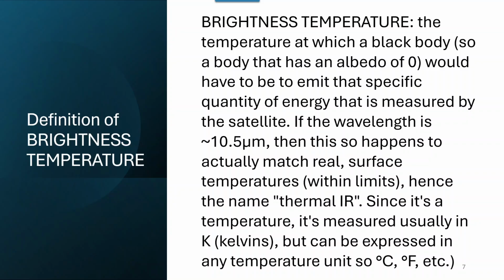If the wavelength is approximately 10.5 micrometers, then this so happens to actually match real surface temperature. That's within limits. Hence the name thermal IR. Since it's a temperature, it's measured usually in Kelvin, but can also be expressed in Celsius or Fahrenheit.